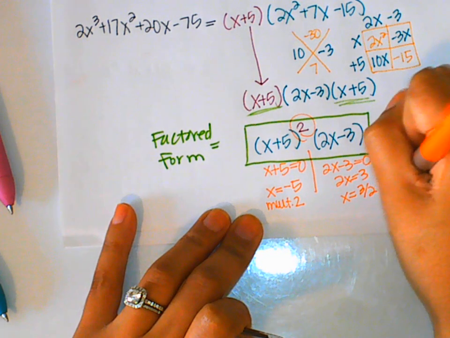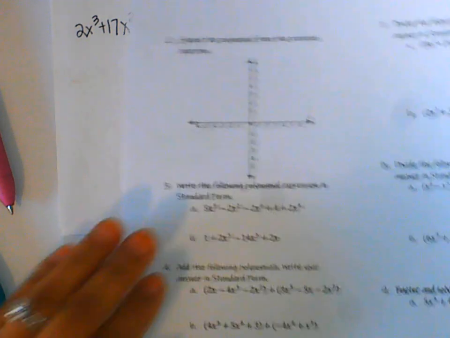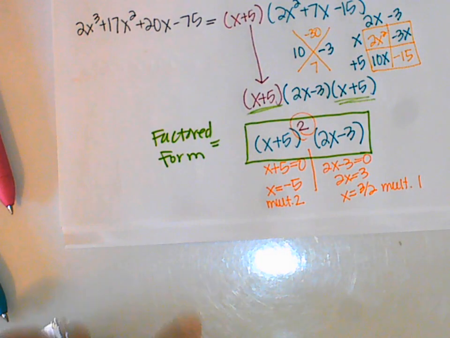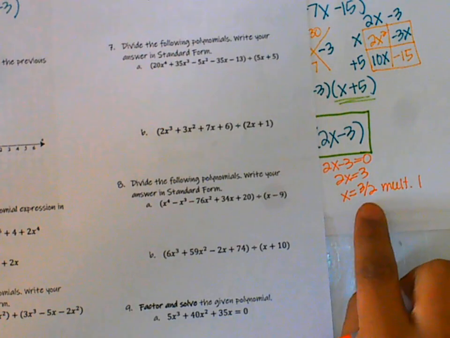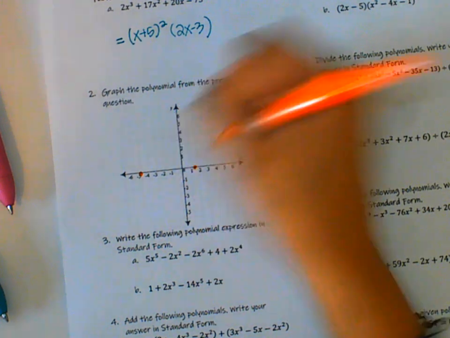And since there's only 1, we could write multiplicity 1, but you don't really need it. So I'm going to bring over this -5 right there, and 3 over 2, which is 1.5. So there's 1, and add the half right there.